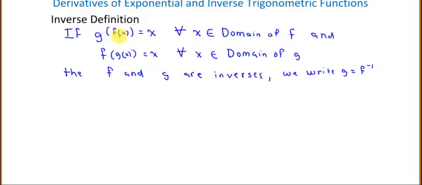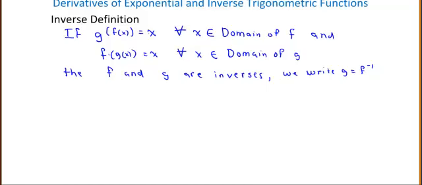It's applying some operation on x and getting a result, and that result is f of x. Then if you apply the operation g to that result, you get back to x. So f and g undo each other, and this says the same thing in the other direction. If g does something to x and f undoes it, it's sort of like addition and subtraction. If you add 5, you can undo it by subtracting 5.